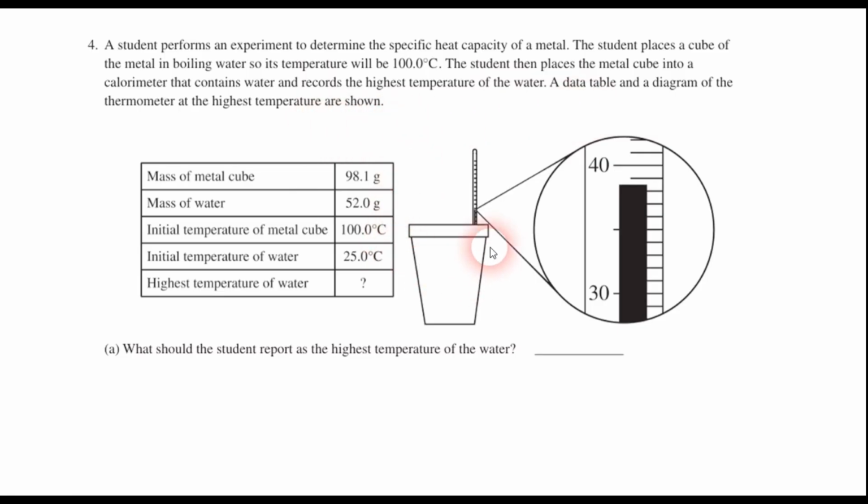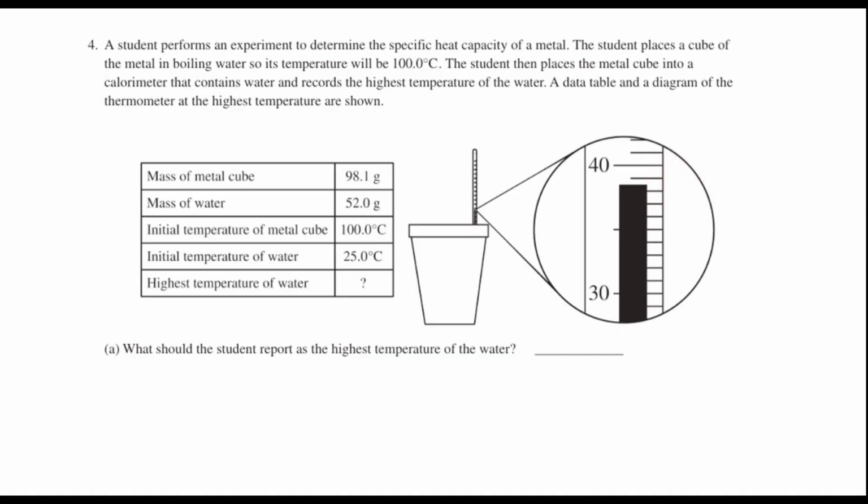So there's the data table, and we have a zoom in on our thermometer, and part A asks, what should the student report as the highest temperature of the water? So once again, we see that we have calibrations on the thermometer to the nearest ones place, and so the thermometer's temperature is reading somewhere between 38 and 39 degrees Celsius, so we have to estimate one digit between those lines.